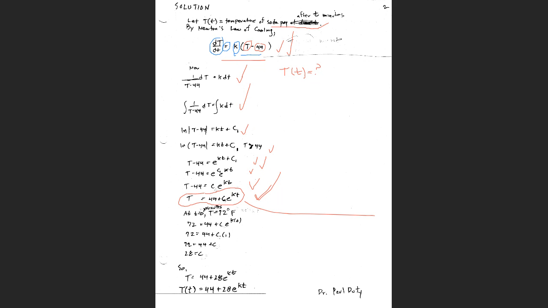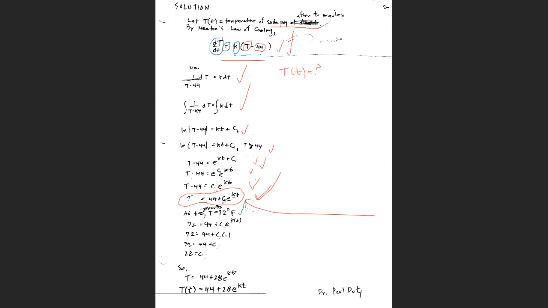And here now we have two constants. We have the constant c, and we have this other constant k, and we have to solve for those. So we need two pieces of information. The first piece of information is that after 0 minutes, T is equal to 72 degrees Fahrenheit. Right when you put the can in the fridge, the can's temperature is 72 degrees Fahrenheit.